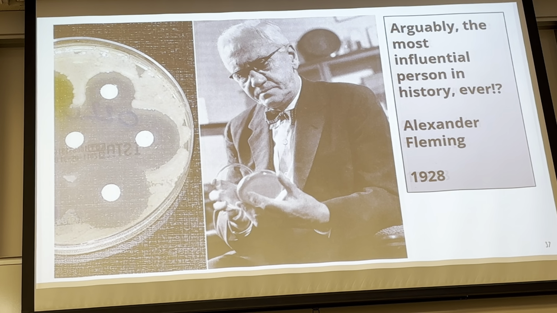Van Leeuwenhoek improved on the microscopes, made a ton of microscopes, was really successful at that, and also coined the term animalcules, probably the first protozoa, the first microorganisms. We didn't know there were organisms smaller than the organisms that we could see on the planet. So he was the first one to discover microorganisms.